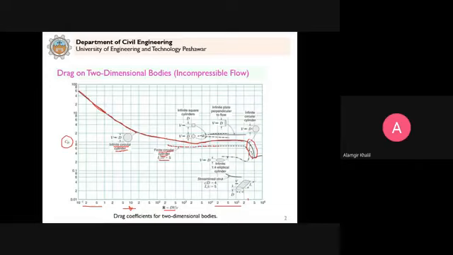The reason is that the end effects help dissipate the energy, and as a result the drag force will be reduced. So the smaller the drag coefficient, the smaller the drag force. Similarly, you can observe this for other two-dimensional bodies.